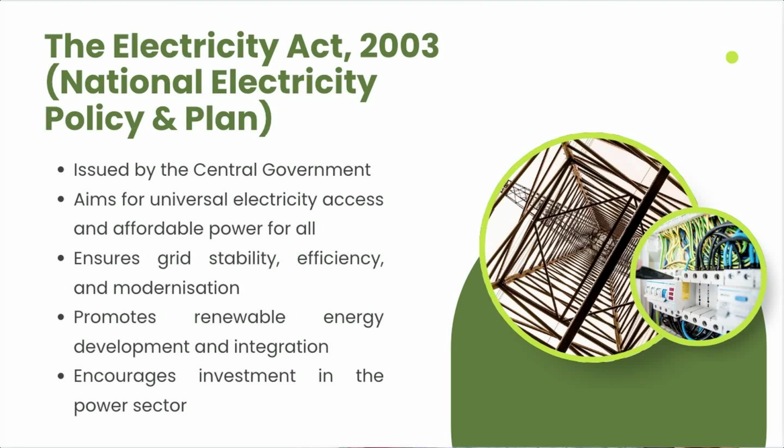This policy focuses on key objectives like universal electricity access for all, affordable power for all, grid stability and modernization, promotion of renewable energy, and encouraging investment for creating opportunities for private and public investments.